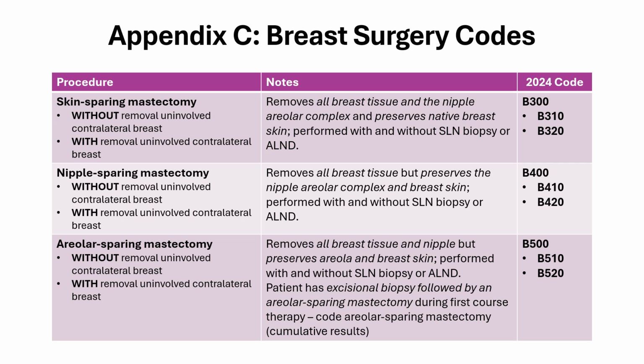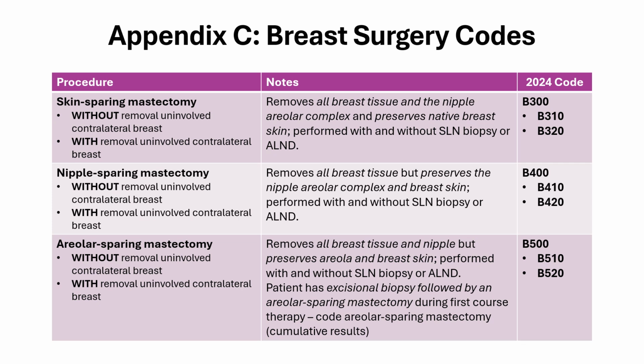B300 through B320 are the skin-sparing mastectomies, whether or not the uninvolved contralateral breast was removed. This removes all breast tissue and nipple areola complex, but preserves the native breast skin. Again, it can also be with or without a sentinel lymph node biopsy or lymph node dissection.